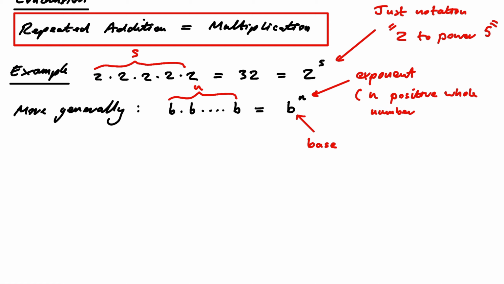We'll see that n can be more broad later on, but at the moment, as far as we're concerned, this definition wouldn't make sense otherwise, right? If n was equal to a half, I mean, what does it mean to multiply b by itself a half number of times? It doesn't really make any sense. So this definition is exclusively about positive whole numbers as it stands. Special case, you could have b to the 1.